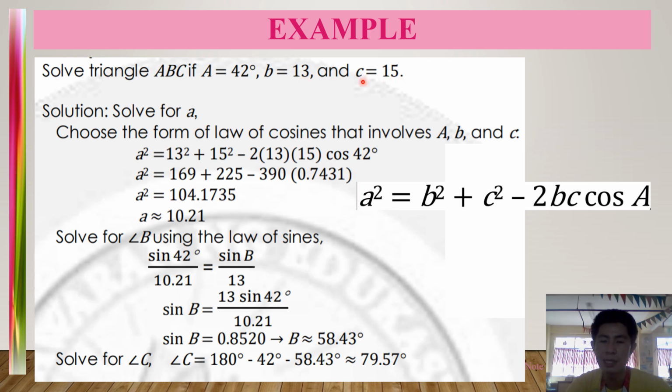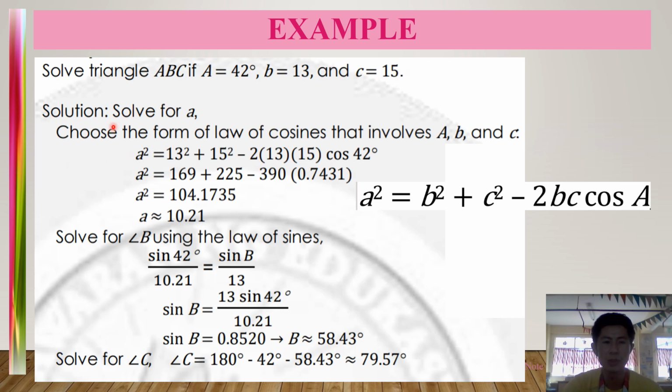So this is the side opposite angle C. Okay. So, since given yung side b tsaka side c, ang missing dyan ay yung side a. Sa angle naman, given yung angle A, so nawawala ang angle B, nawawala ang angle C. So, yung tatlo na yun ang kailangan nating hanapin or isolve by applying the law of cosines.